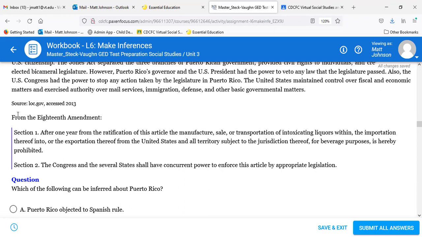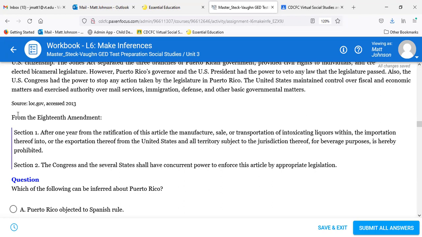Section 2. The Congress and the several states shall have a concurrent power to enforce this article by appropriate legislation.